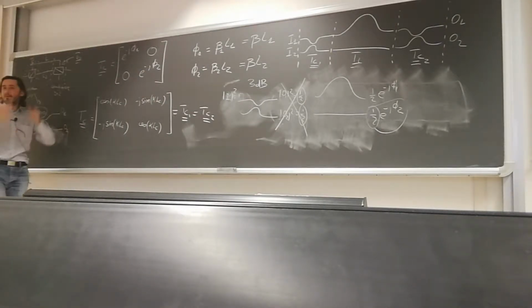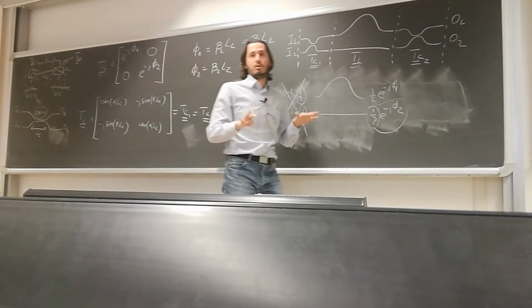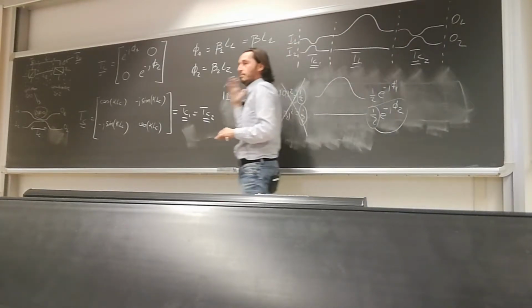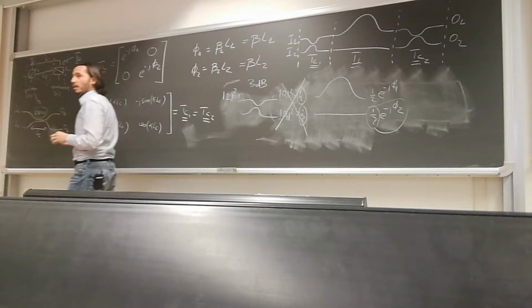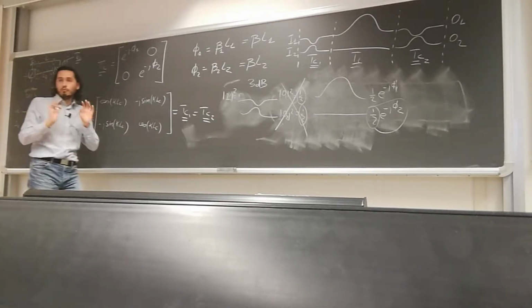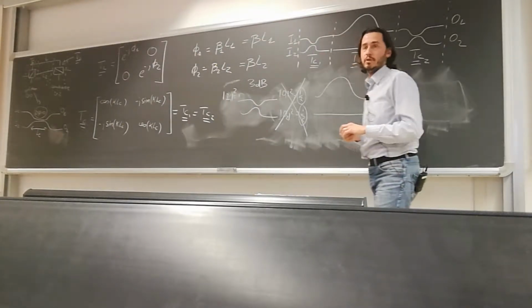Not one step, square modulus, one step, square modulus, one step, square modulus, doesn't work. Okay? Maybe this can sound trivial and stupid to you, but be sure that some of you typically fall into this kind of mistake. Okay?